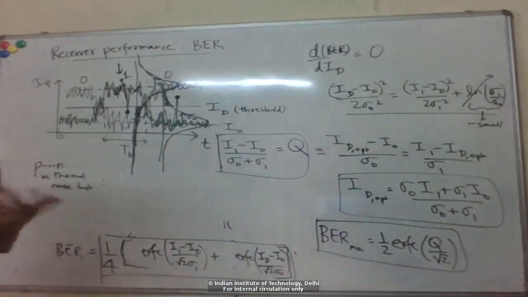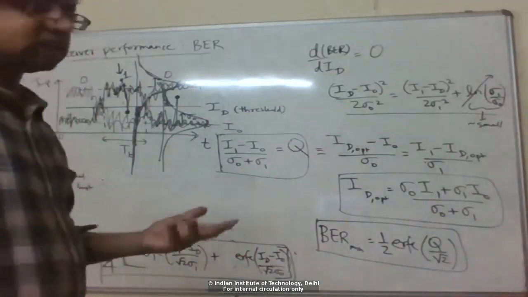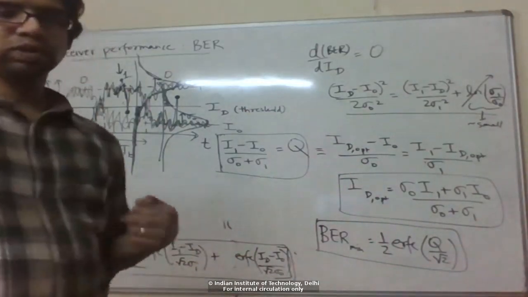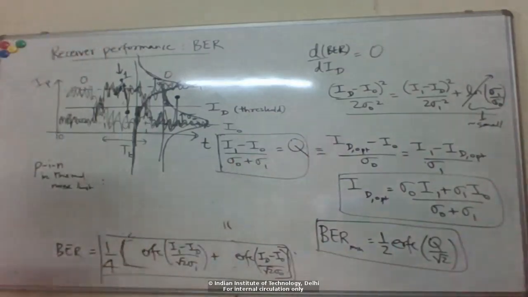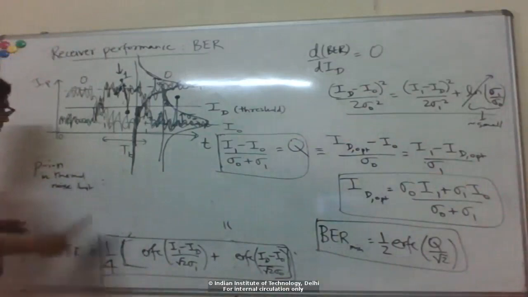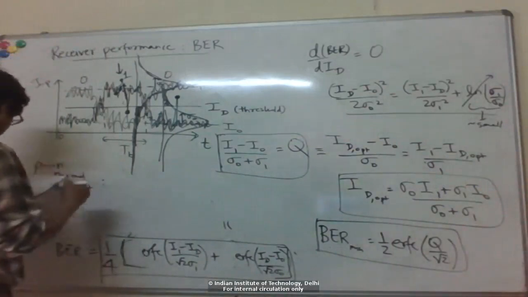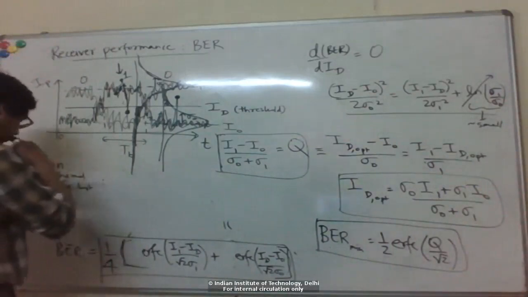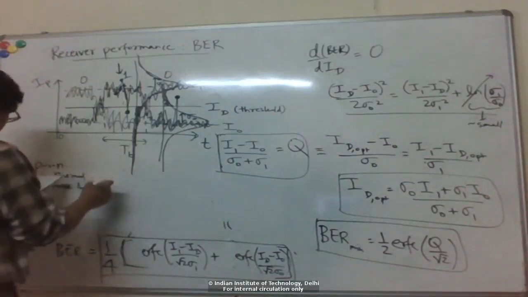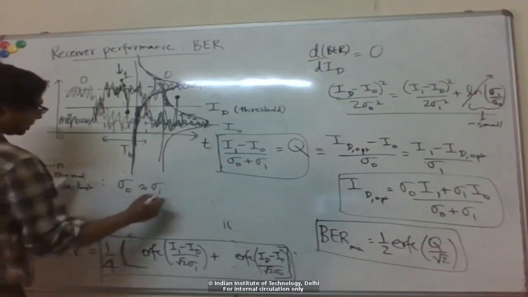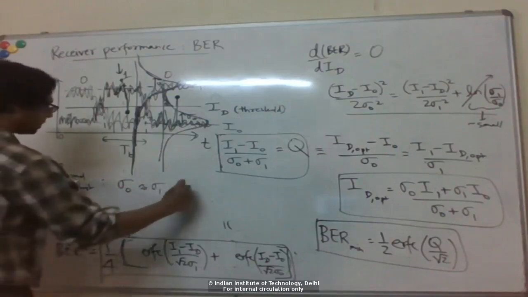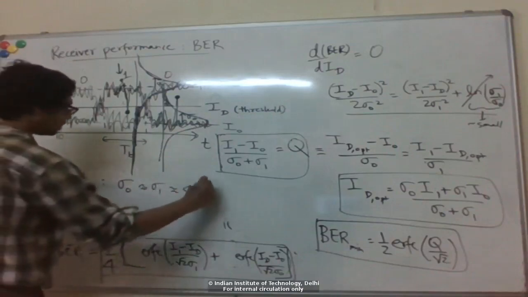Okay, so this is typically the case. Let's say your detected optical powers are in the tens of microwatts to hundreds of microwatts range, and you're using a pin detector. Then you're in the thermal noise limit, and so basically what that means is that sigma 0 is the same as sigma 1, which is basically the thermal noise, correct?